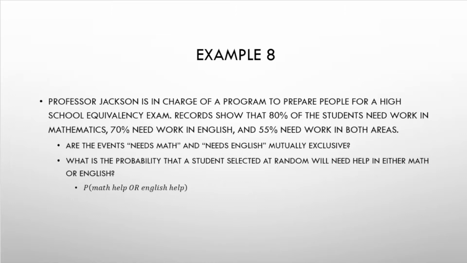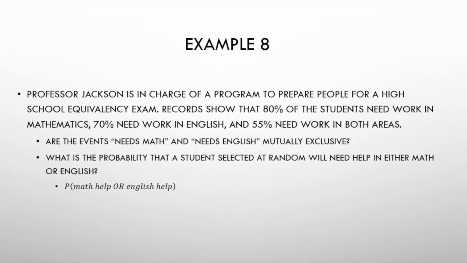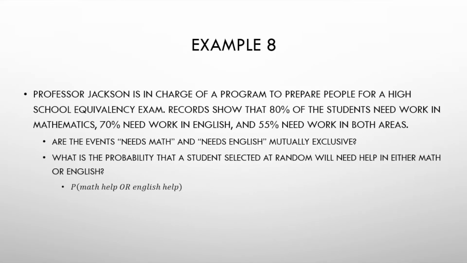But again, I always suggest if you're not 100% certain, write down what you're told in the problem. So the probability that we need help in math, I'm just going to write probability of math, is equal to 80%, so I'm just going to put it as 0.8. 0.80, again, those mean the same thing. For English, we're at 70%, so probability of English, 0.7.